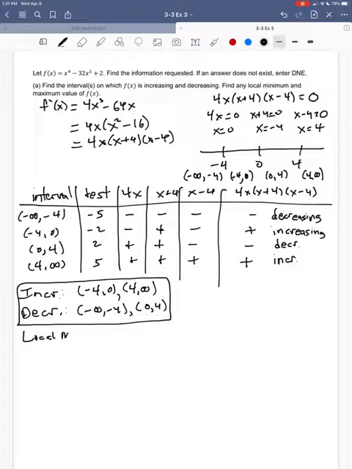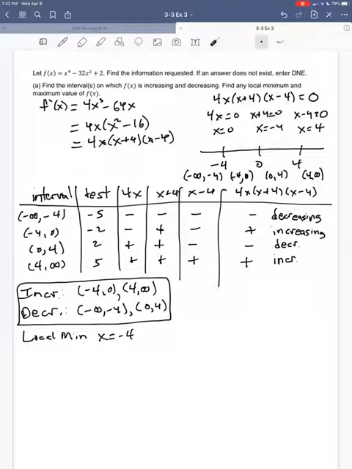Local minimum. So a minimum is when a function changes from decreasing to increasing, right? I'm going down and then back up. So where does this change from decreasing to increasing? Well, if I look over here, it's decreasing from negative infinity to negative 4. It's increasing from negative 4 to 0. So that means it must have a local minimum at x equals negative 4.